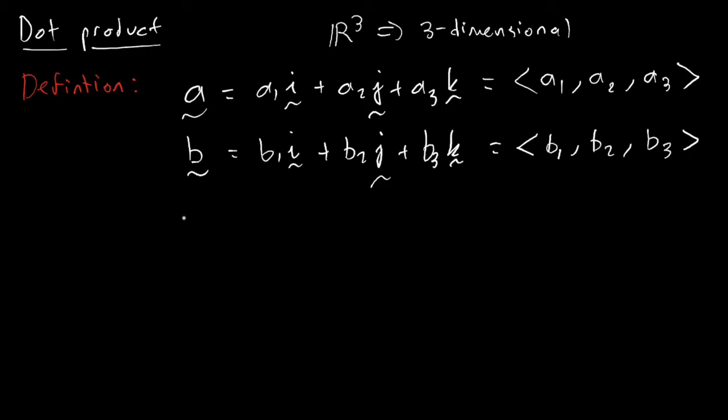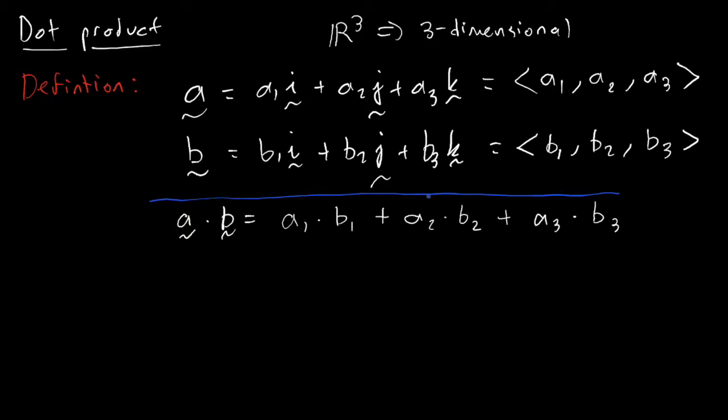For the dot product of A dot B, the result of the dot product is A1 times B1 plus A2 times B2 plus A3 times B3. This is the definition of the dot product for three-dimensional vectors.